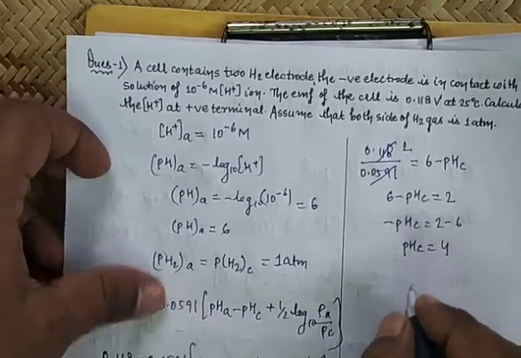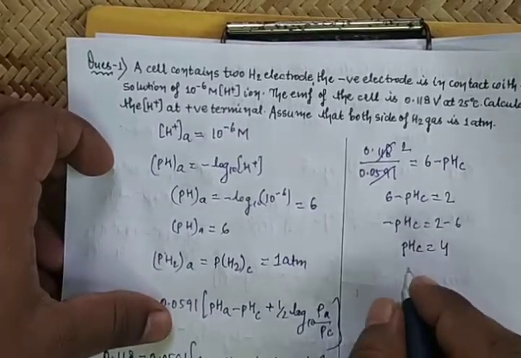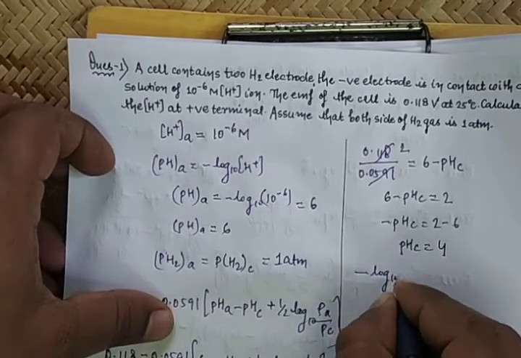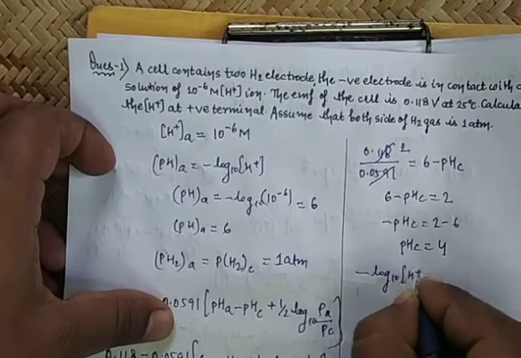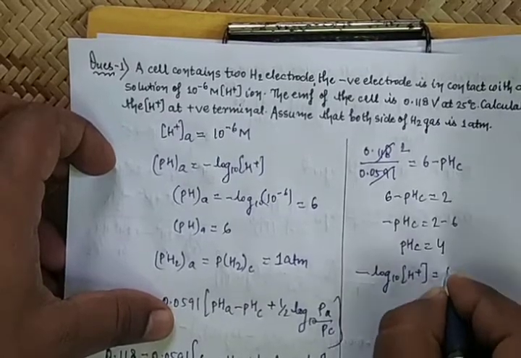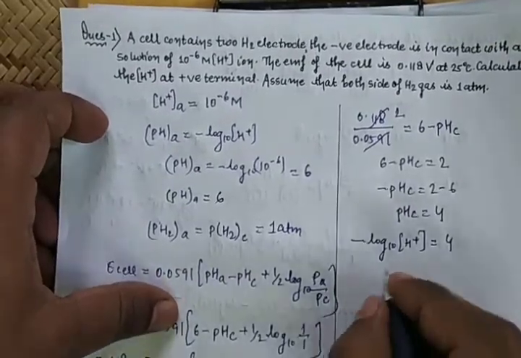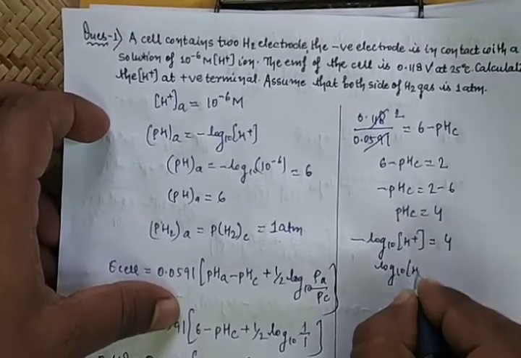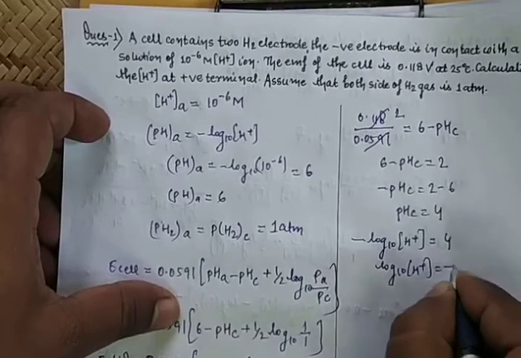So you can also write the concentration term. Just convert: minus log base 10 of H+ concentration is equal to 4, and log base 10 of H+ concentration is equal to minus 4.